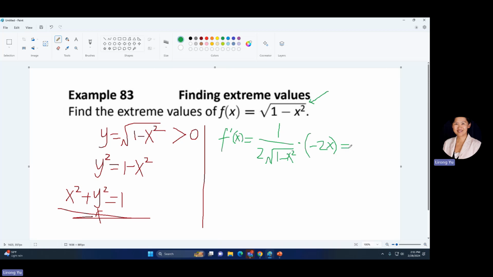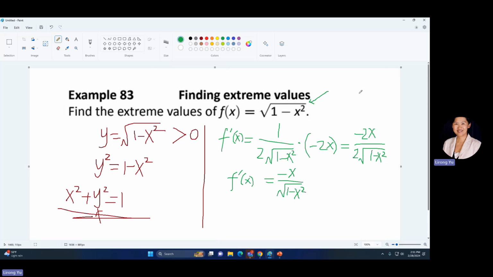So you multiply 1 with negative 2x and get negative 2x over 2 times the root of 1 minus x squared. The 2 can be canceled, so that's negative x over the root of 1 minus x squared. That's our derivative.